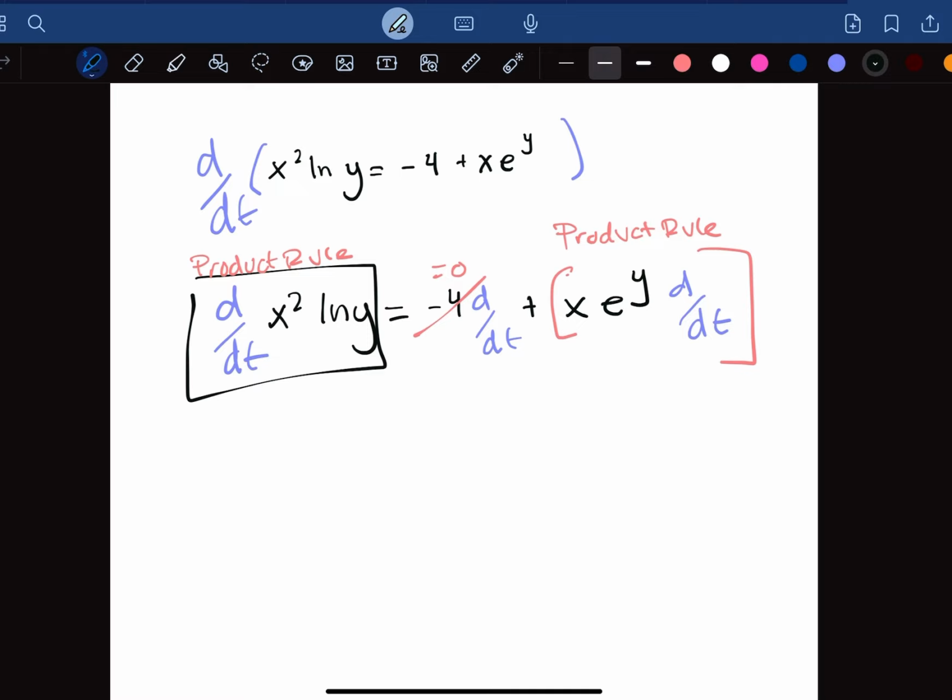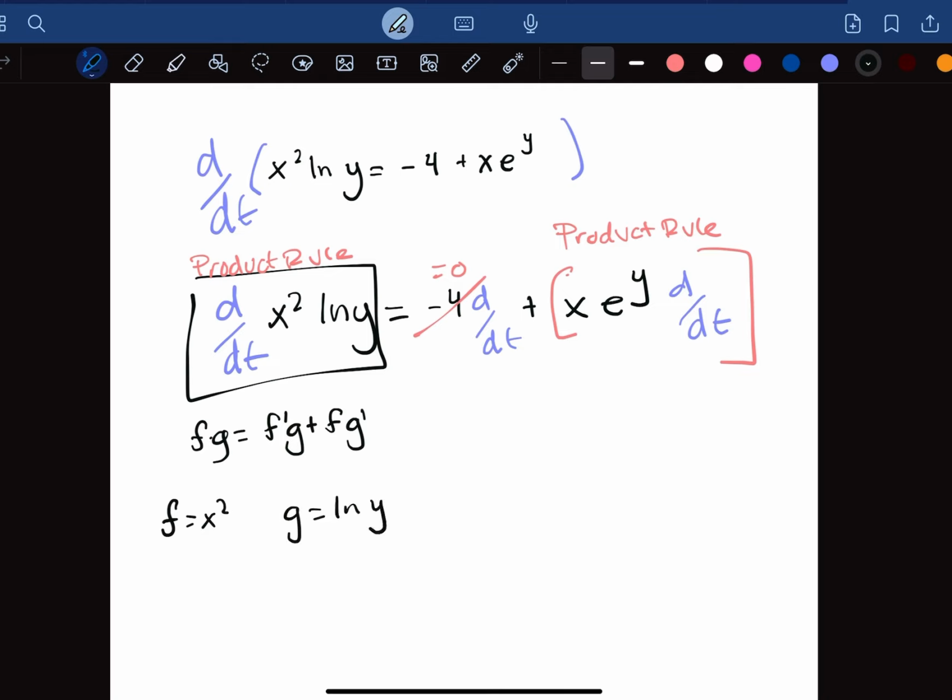When we have the product rule, you have f times g is equal to the derivative of f times g plus f times the derivative of g. If our f function is equal to x squared and our g function is equal to the natural log of y, then our derivative of f is equal to 2x, and our derivative of g is 1 over y.